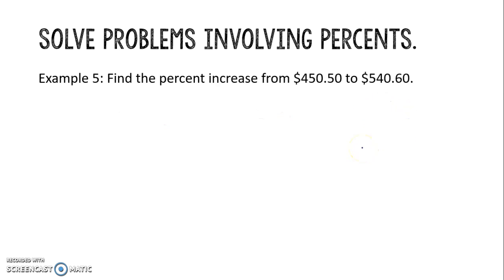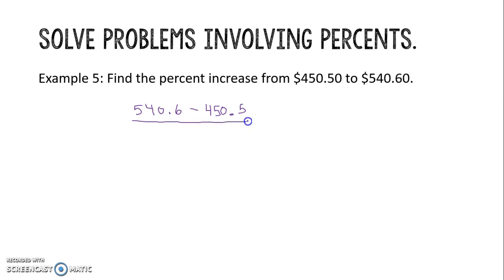Now our last example asks us to find the percent increase from $450.50 to $540.60. So once again, I need to find the difference, how much it increased. So I'm still going to take the larger number, which in this case is 540.6, and I'm going to subtract the smaller number, in this case 450.5.